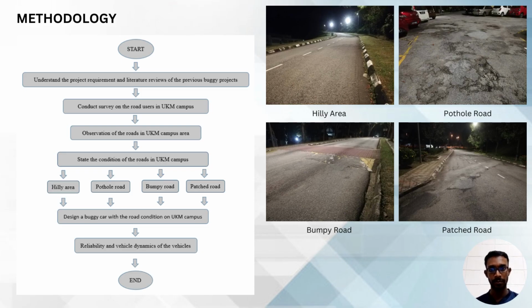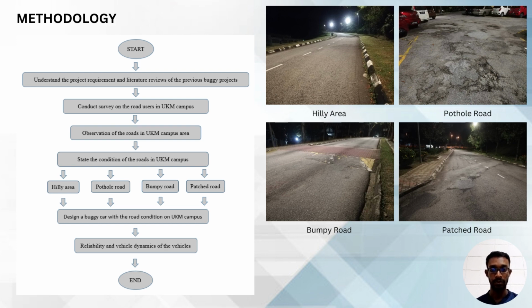For the methodology part, we start the project by understanding the project requirements and reading some literature review of previous buggy projects. Secondly, we conduct surveys on the road users in UKM campus, who are mainly students. Third, we observe the roads in the UKM campus area and state their condition.